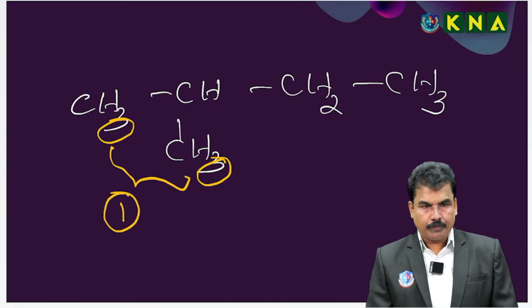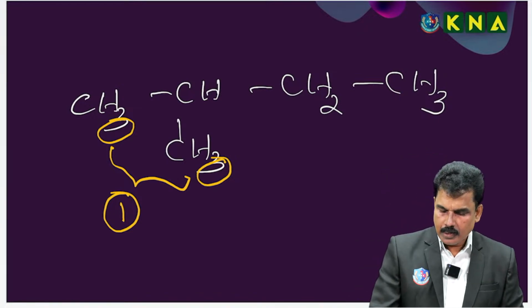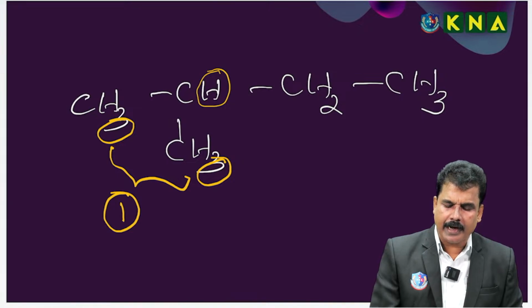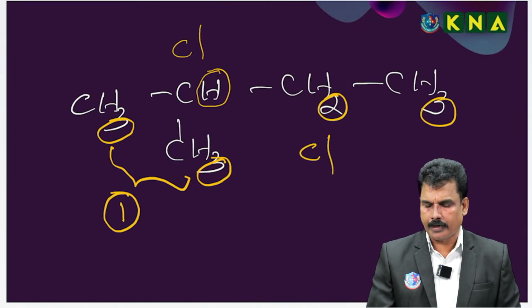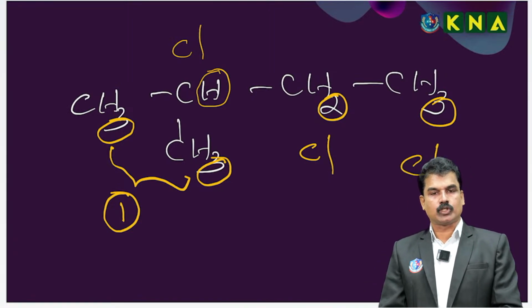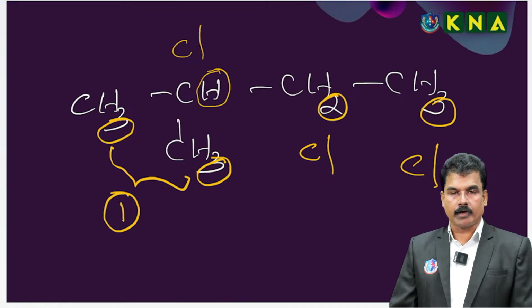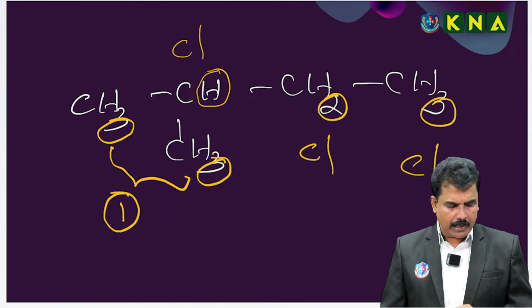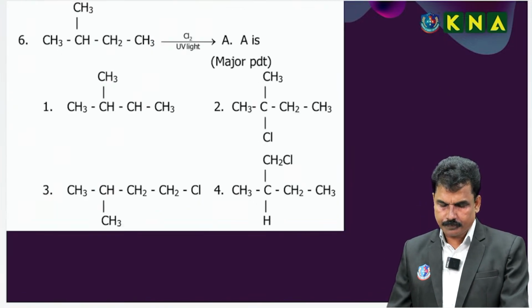Chlorine substituting either CH3, the IUPAC name will be the same. Then next one, here hydrogen atom you can replace with chlorine. Here hydrogen atom you can replace with chlorine. Here hydrogen atom you can replace with chlorine. So there is a chance for how many different monochloro derivatives? 4 monochloro derivatives. Okay.